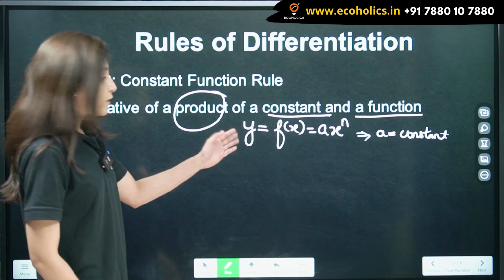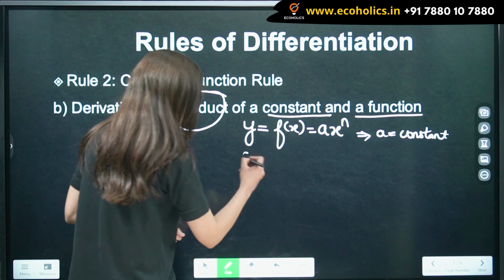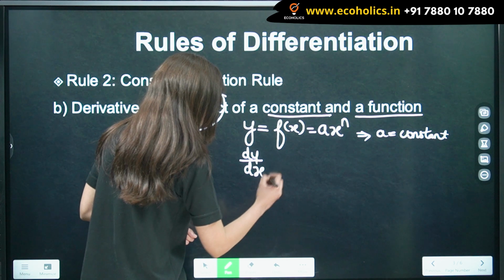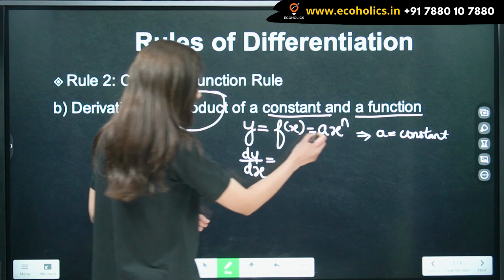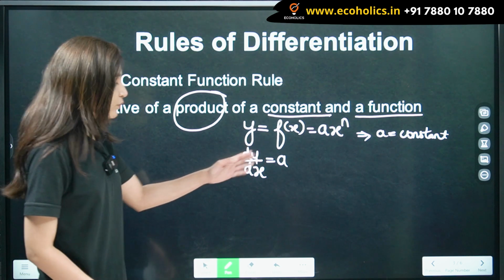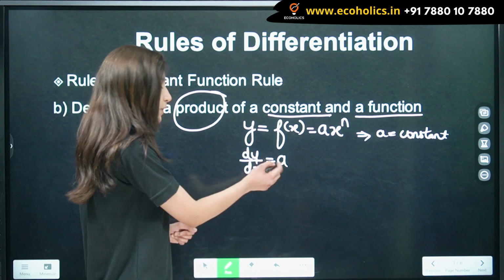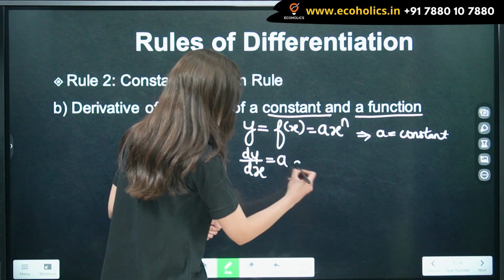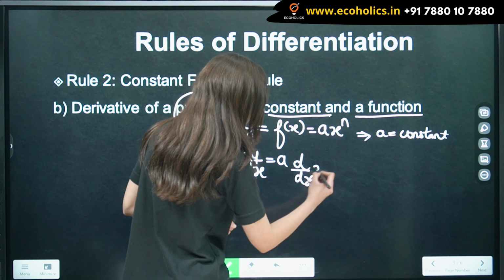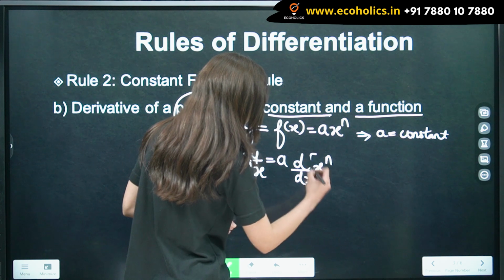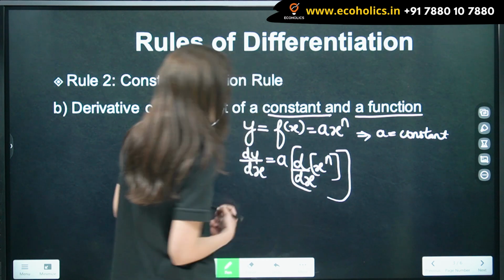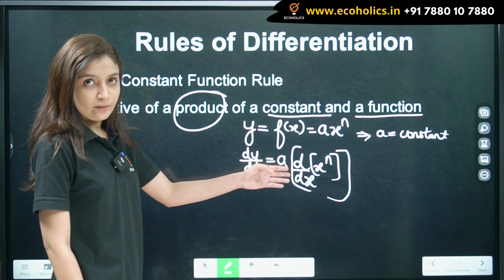Now, let's look at the differentiation of this function. So, dy by dx is equal to a. Now, since it is a constant, we are not going to differentiate it. So, we have a times the differentiation of x raised to n. This looks familiar, isn't it?